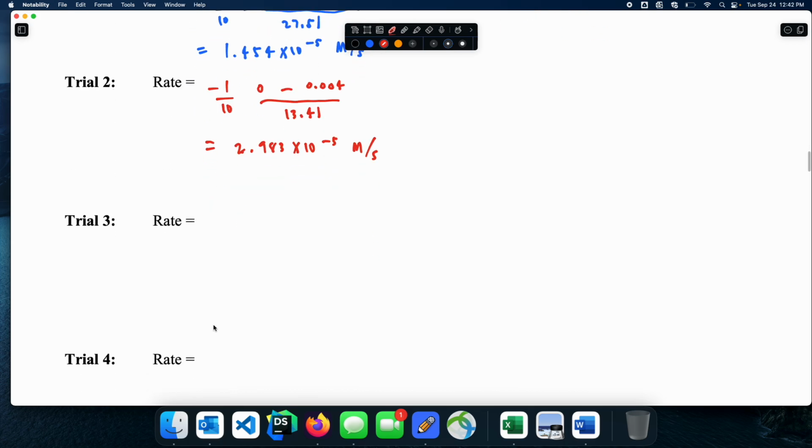Let's do trial 3. I'll go with a different color yet. I guess I'll go back and forth between blue and red.